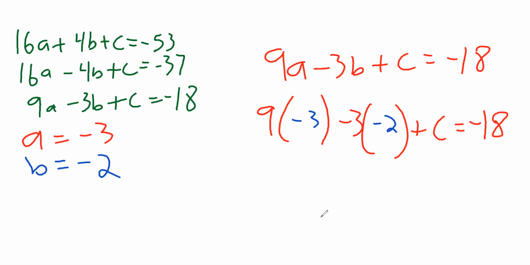these two become. 9 times negative 3 will be negative 27. Negative 3 times negative 2 will become plus 6. Then we have plus c equals negative 18.